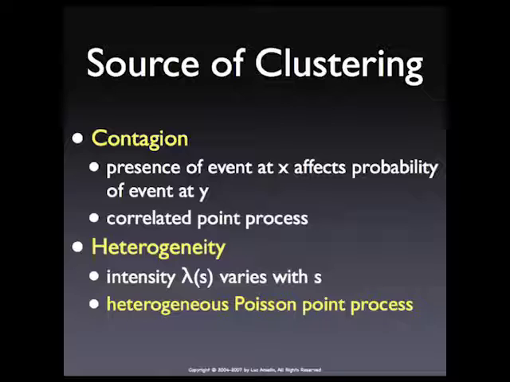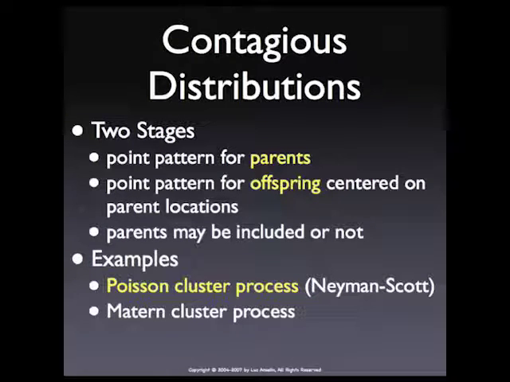Contagious distributions, a contagion kind of suggests a process that happens in stages. Somebody has the flu, they sit next to somebody else, they blow on their face, somebody else gets the flu. And so it goes on. How can we model this for the point patterns, for the locations of these points?